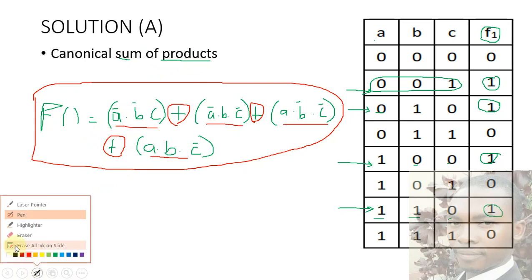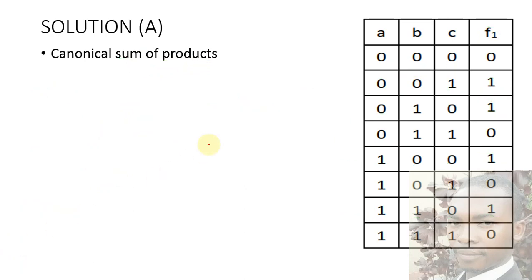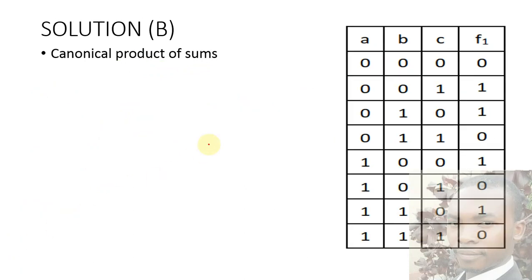All right, so let's go to another question, which is solution B. We want to present this in terms of canonical product of sums, or POS. Sometimes they call it POS, product of sums.